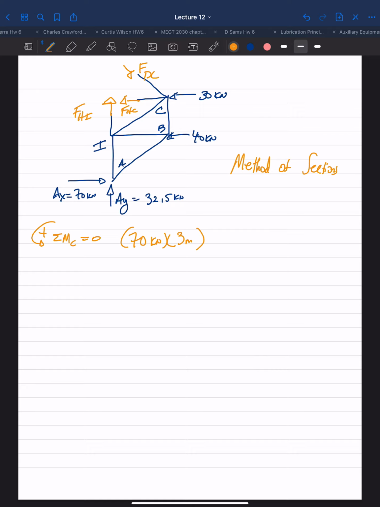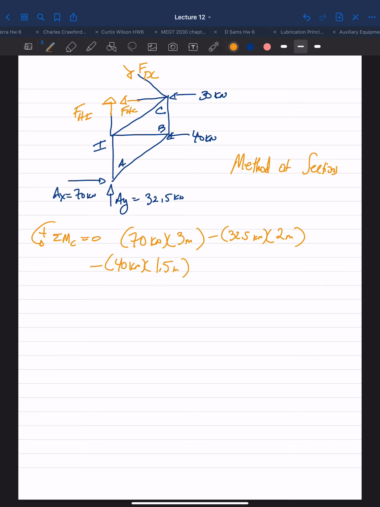The AY is negative, perpendicular distance is 2 meters. Minus the 40 kilonewton times the perpendicular distance of 1.5 meters.